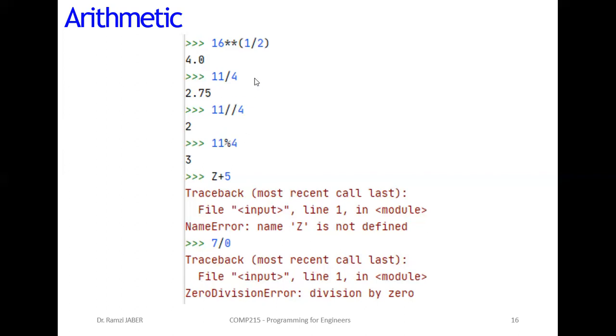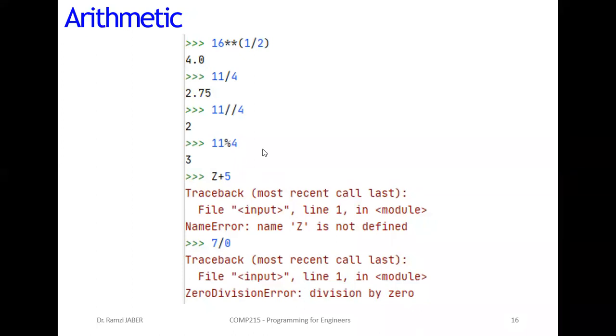But here in Python, any numbers, if the output is a float number, it will give you a float number, similar to a calculator. If we want to use the division like C, C++, we use double backslash, floor division. This is called the floor division.